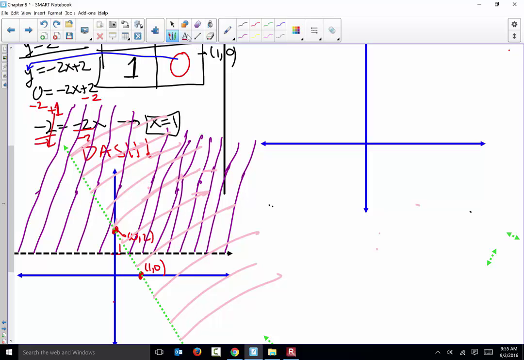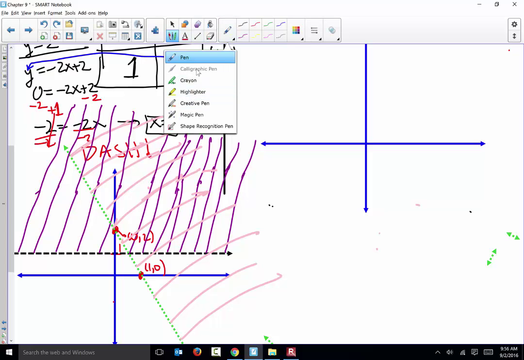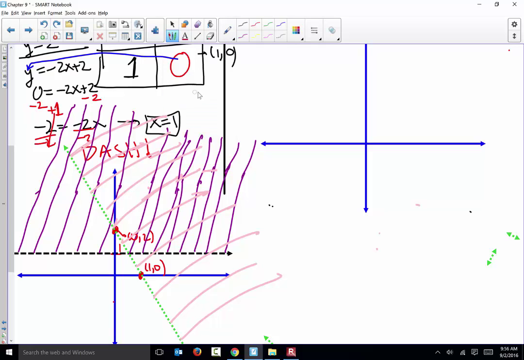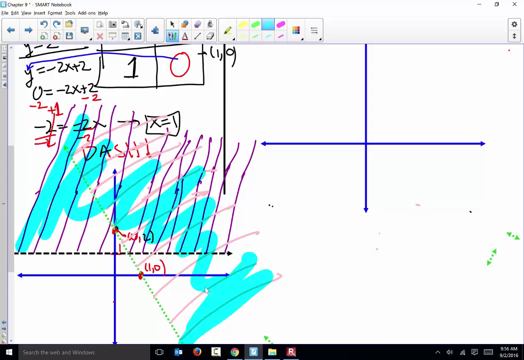I'm going to take a different color now and color my final region in highlighting, this blue. Alright, here is what I see, where they are overlapping. They are overlapping on this region here and there. There you go.